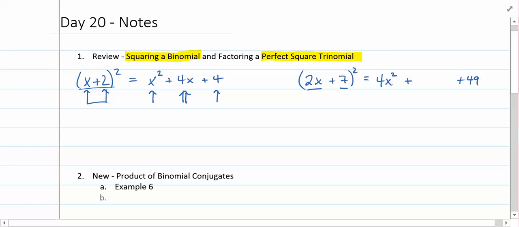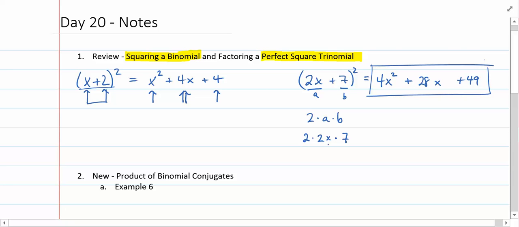Since we have an addition problem, we're going to reuse that addition sign, and we need to find what 2 times A times B is, A being this first piece, B being the second. 2 times 2x times 7 is equal to 4 times 7, which is 28, and the x has to remain, so 28x. This is the perfect square trinomial that comes from the original binomial squared.